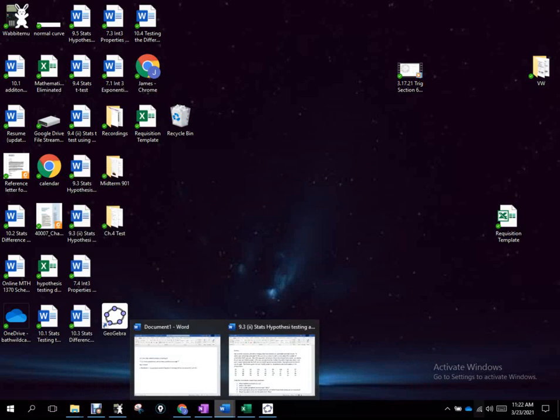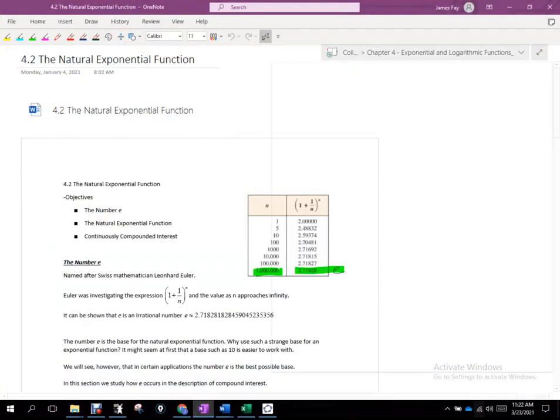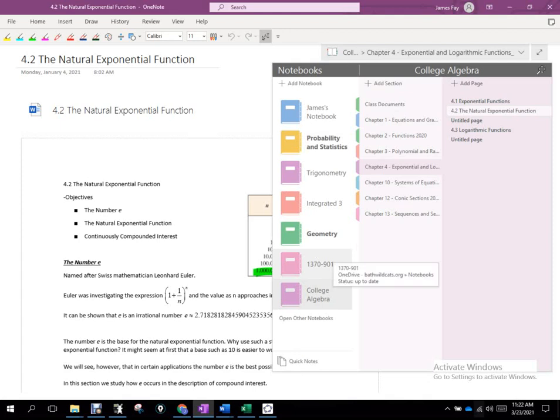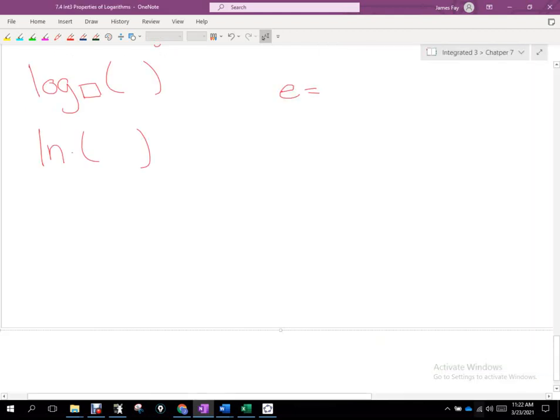And I believe it's called ln because of the Latin way that they say natural. We call it the natural logarithm because we're using what we call the natural number, but in Latin it's like logarithm naturale or something like that. So ln.